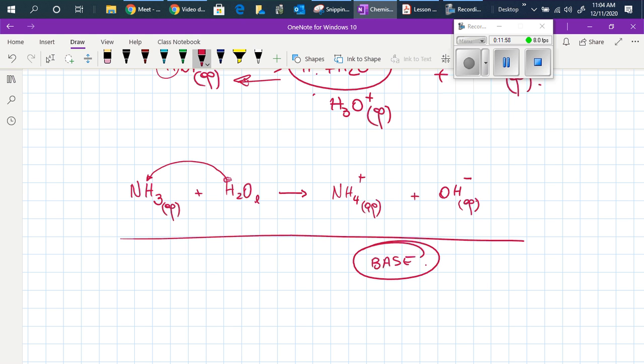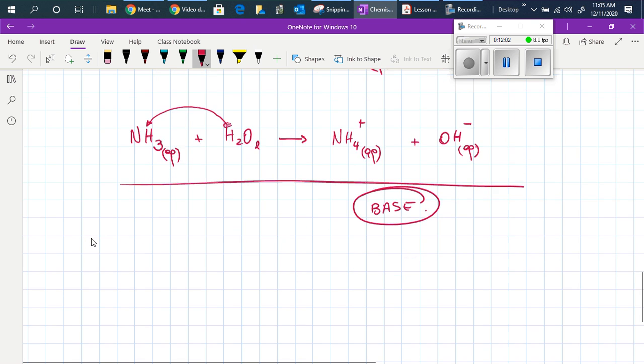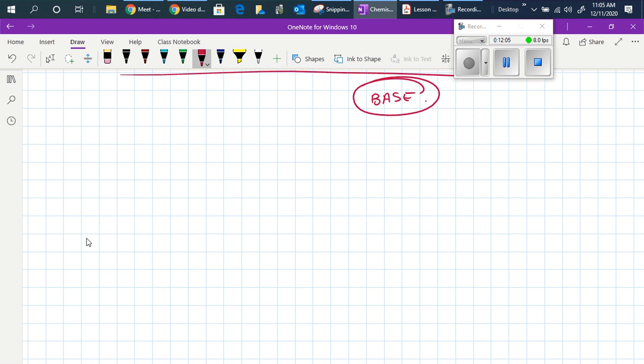So let's see an example of identifying if it is a base or an acid using the modified Arrhenius theory. So first one, HNO3. Okay, what is it? Is it a base or is it an acid? HNO3 will be in aqueous solution, which means that the water will be present there.